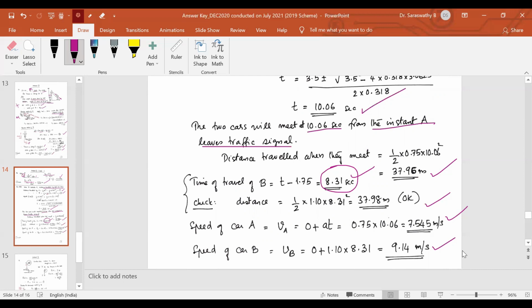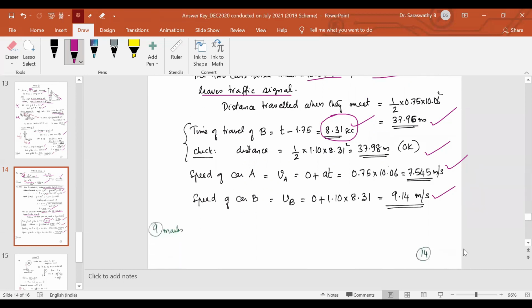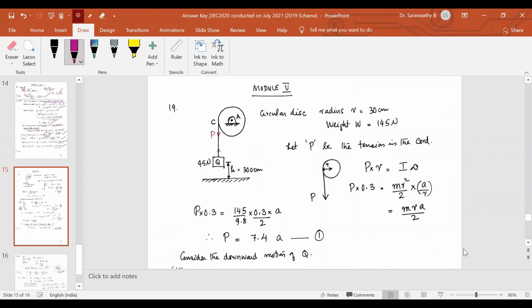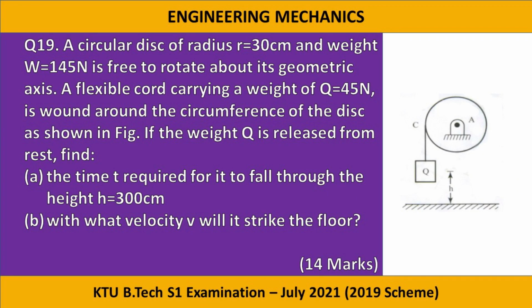Now moving on to module 5, question number 19. A circular disc of radius r equal to 30 centimeter and weight 145 Newton is free to rotate about its geometric axis.